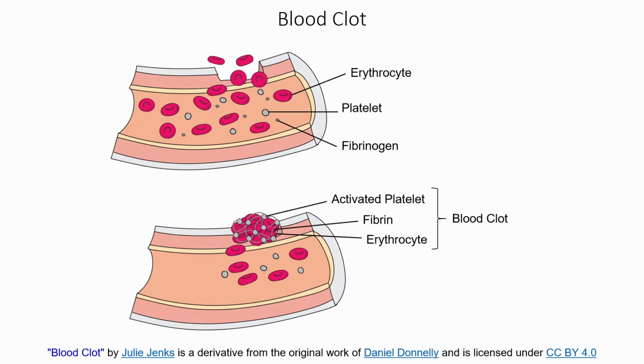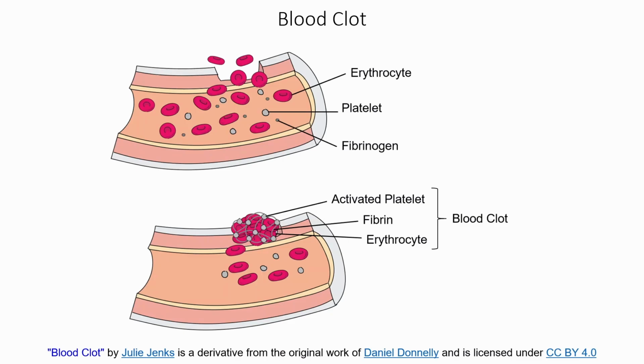Now in terms of how we actually clot, we're going to go real brief, real kind of over the top with this one. But in the bloodstream, let's say we have this injury, in this case a very square injury. A piece of this blood vessel is broken open, erythrocytes are spilling out into the tissue or out onto the skin. That's not good. We have our platelets and we also have fibrinogen.